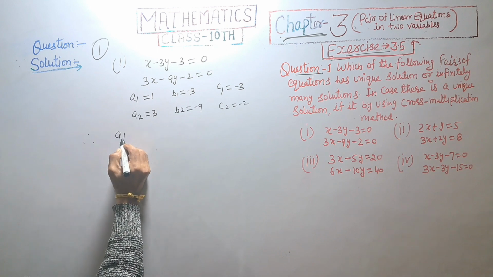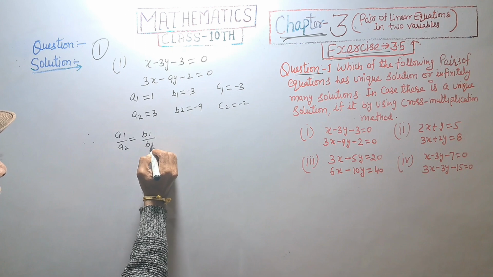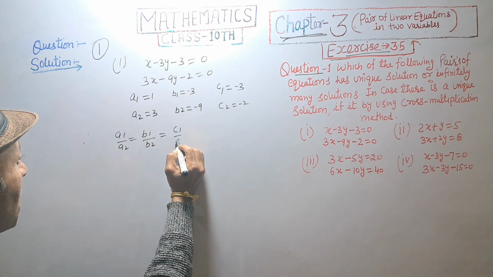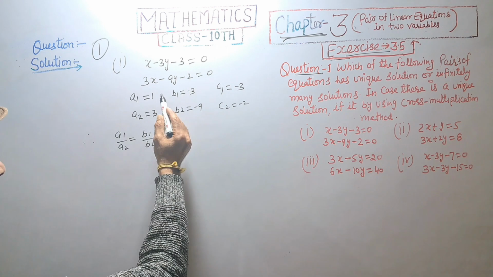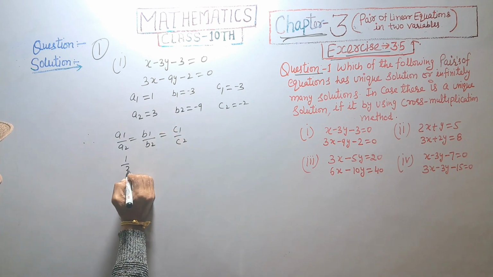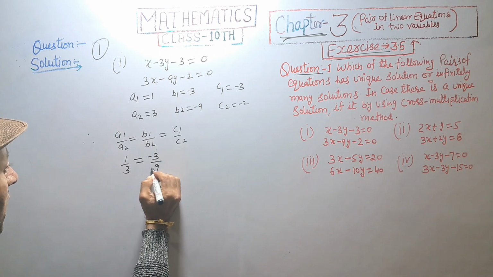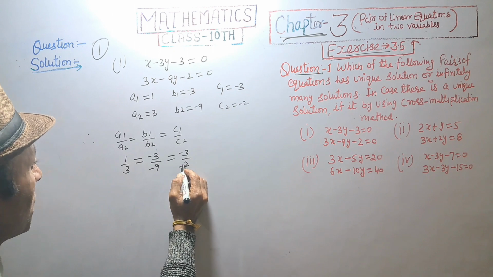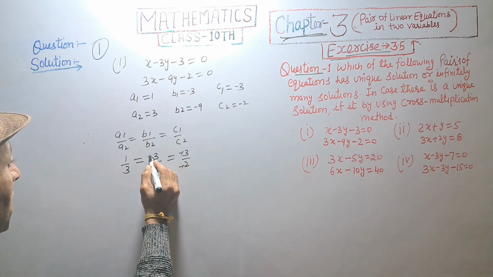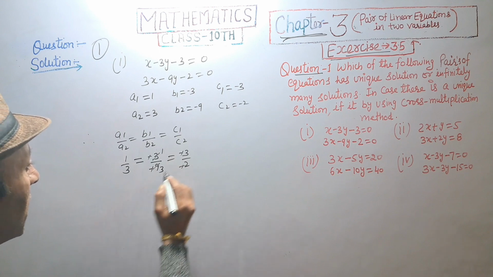So A1 upon A2 is equal to B1 upon B2 is equal to C1 upon C2. 1 upon 3 is equal to minus 3 upon minus 9 is equal to minus 3 upon minus 2. Minus minus cancel, minus minus cancel, but 3 ones are 3, 3 3s are 9.